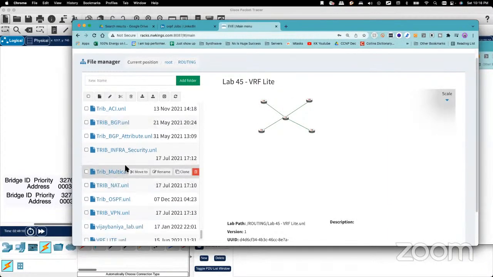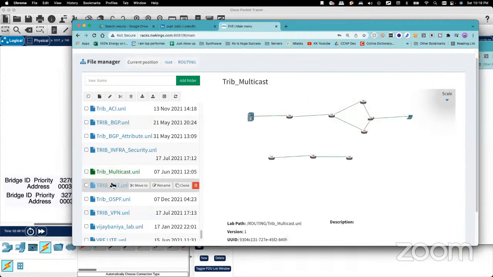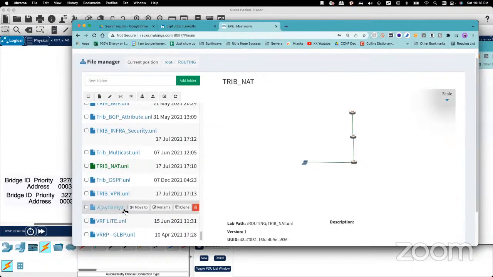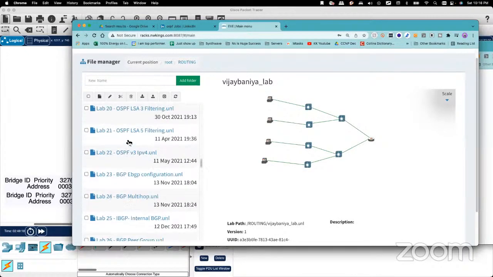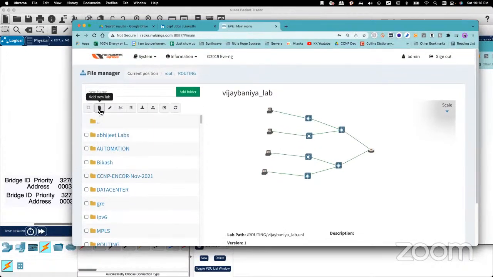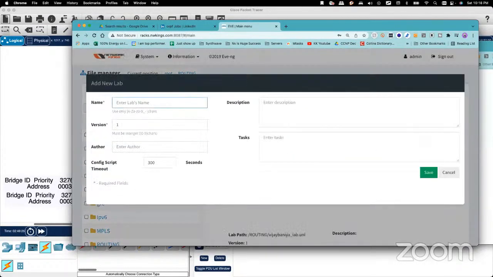If you want to test or configure the Juniper router, you can configure that. I will create a lab here if you do not have it. Maybe I can see here OSPF, Cisco, and Juniper.